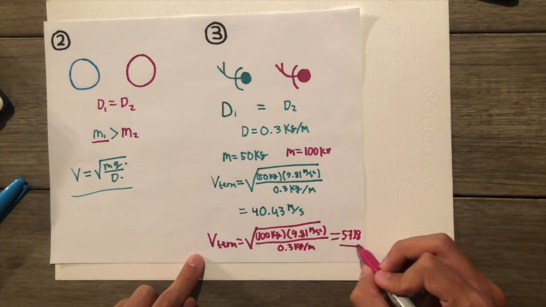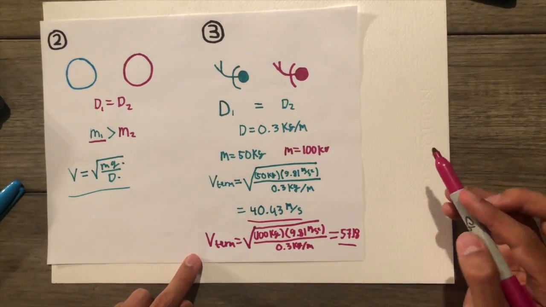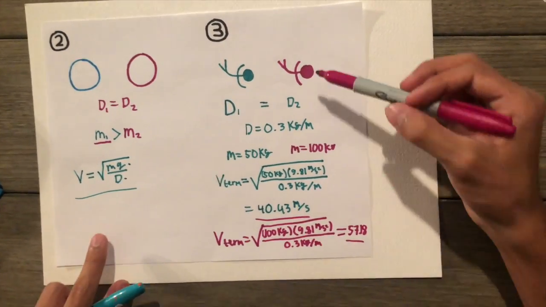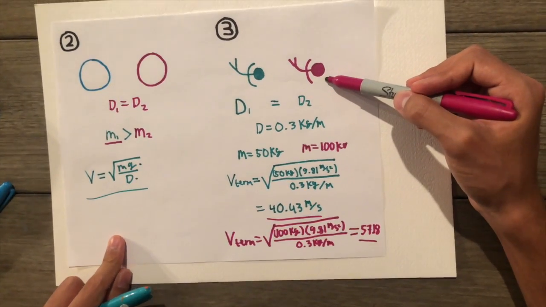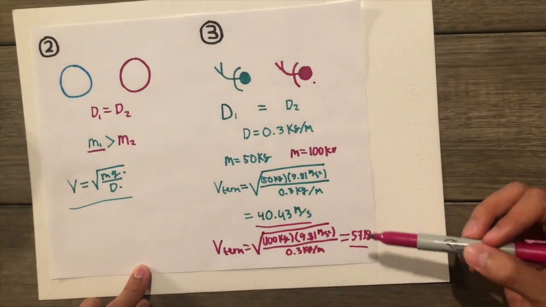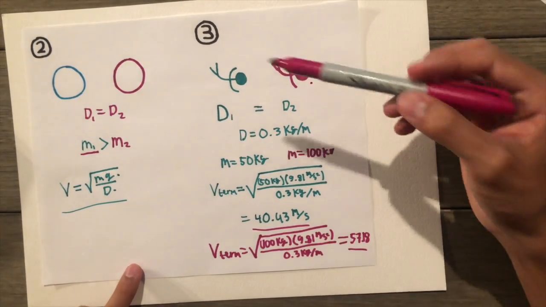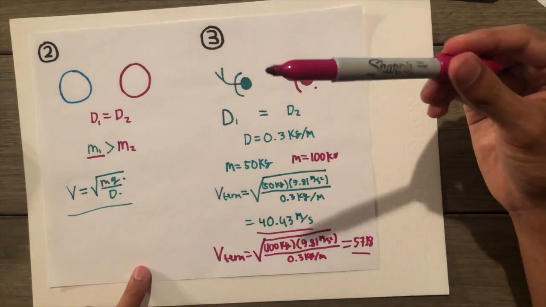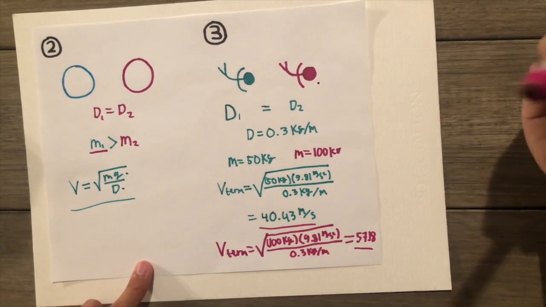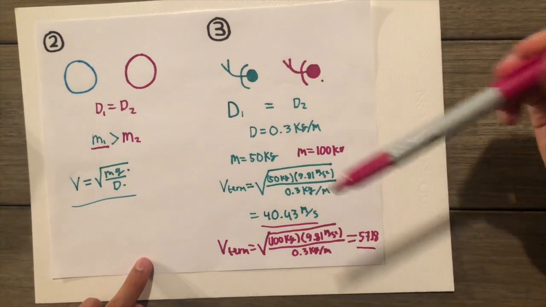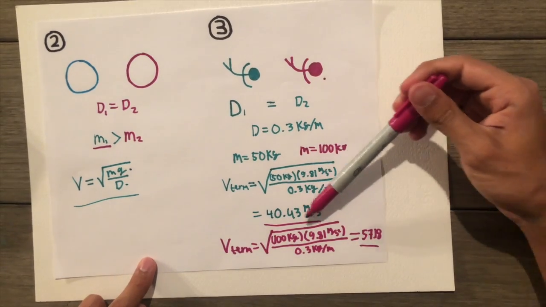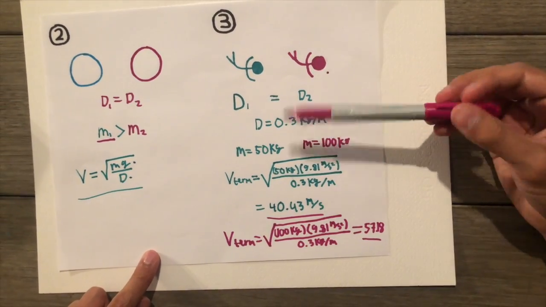So here we can compare, and we can see that the one with 100 kilograms reaches a terminal velocity of 57.18 meters per second, while the one with the lower mass reaches a terminal velocity of 40.43 meters per second.